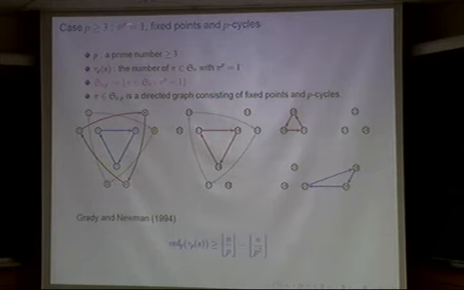So if a permutation satisfies this relation, then it consists of fixed points and p-cycles. So here tau p of n is the number of permutations with this relation, and let S(n,p) be the set of permutations with this relation.